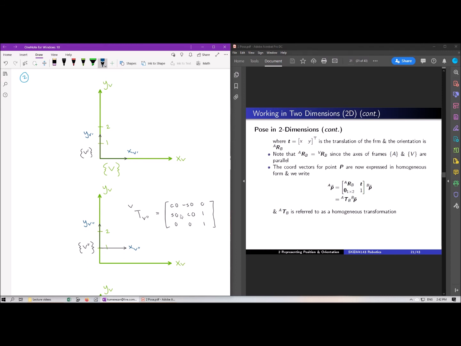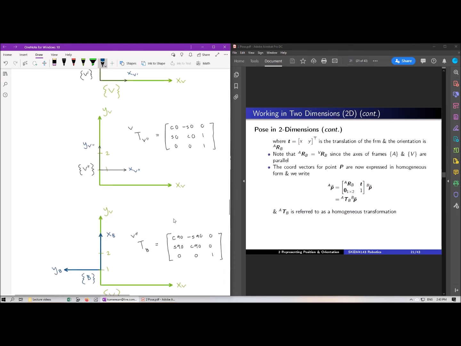Remember, this is the rotation matrix: cos 0, minus sin 0, sin 0, cos 0. And the last row is always 0, 0, 1. So what is the origin of V double prime with respect to V prime? It is 0, 1.